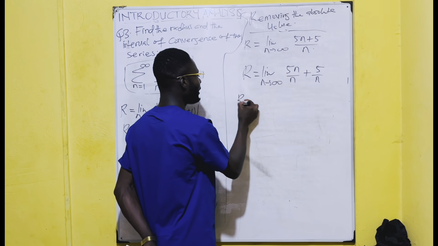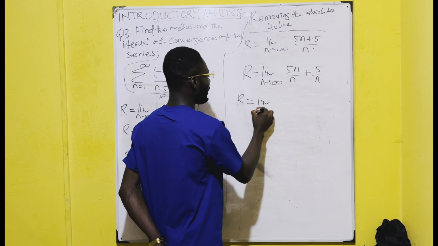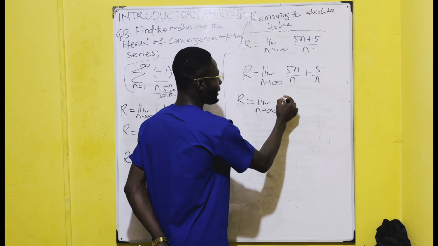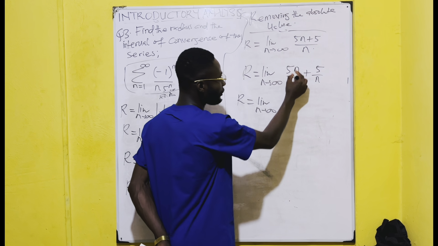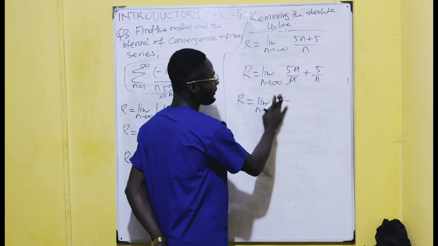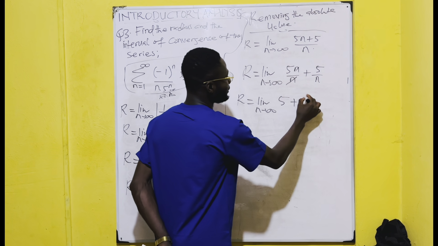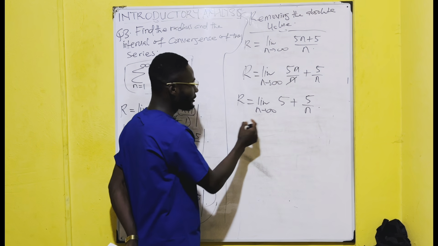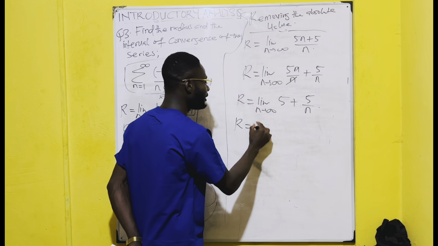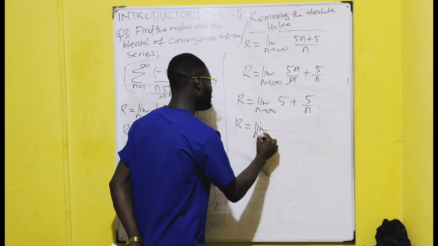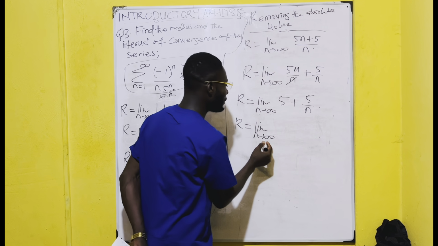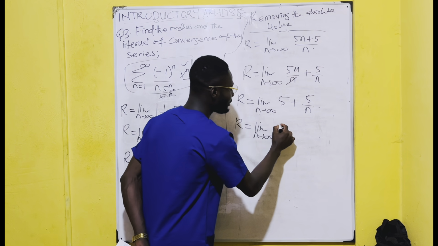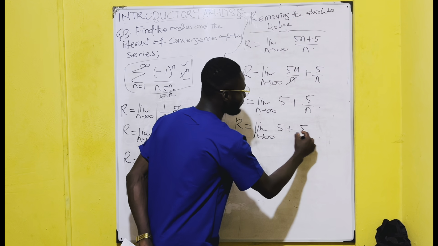And this clearly shows that we're going to have 5, because this will cancel this. So we have 5 plus 5 over n. Now, as n approaches infinity, we have the radius of convergence equal to the limit as n approaches infinity of 5 plus 5 over infinity.